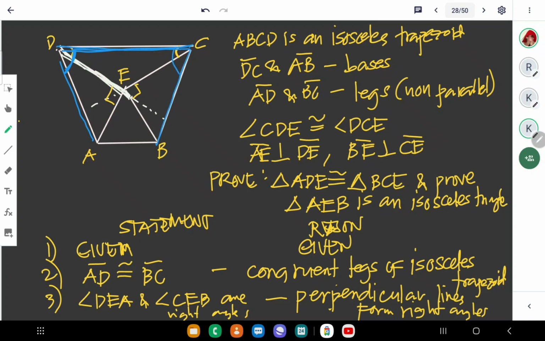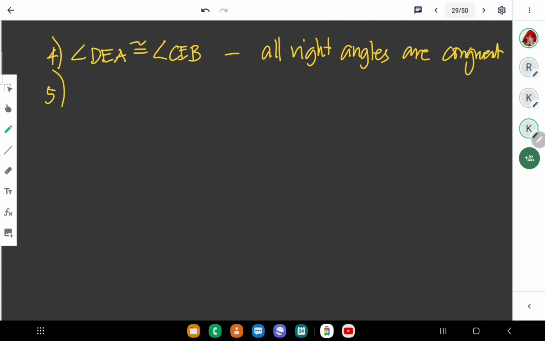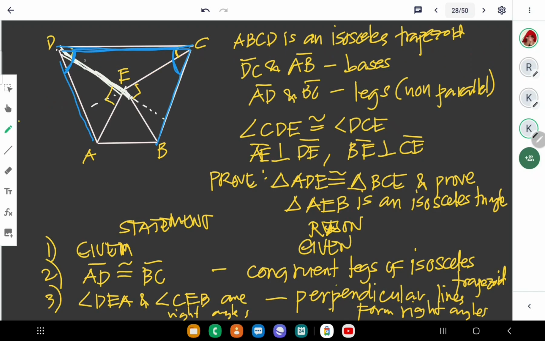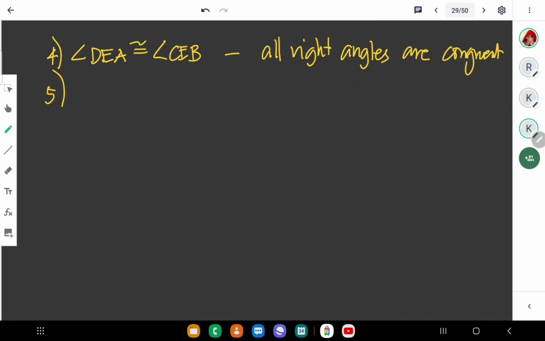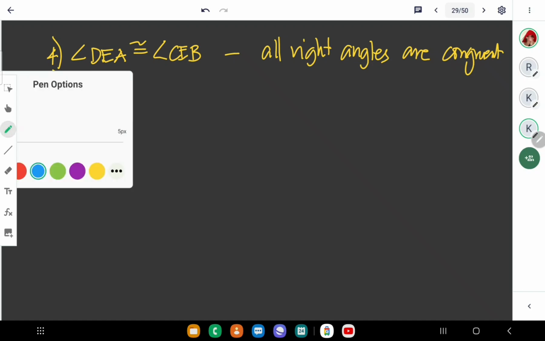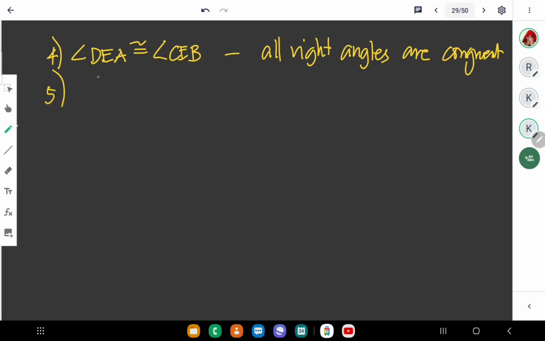These are the base angles of the trapezoid, and it says it's isosceles. So we can write angle CDA is congruent to angle DCB.